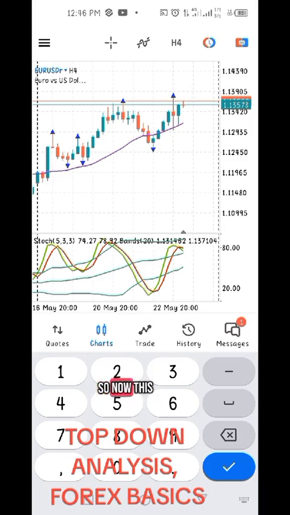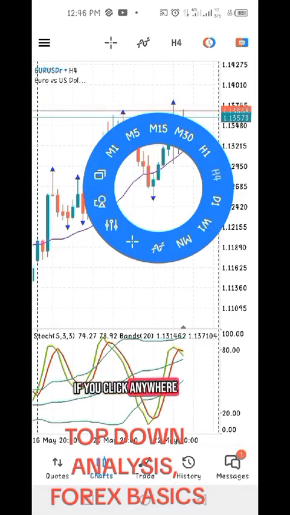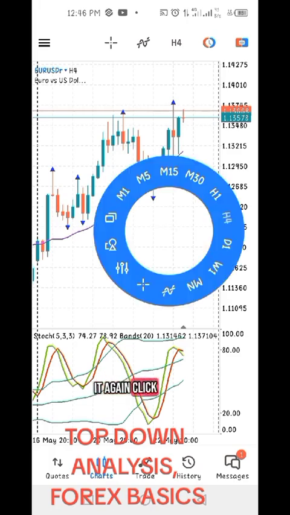So now, this is how you are going to be doing your analysis. You go to 4 hours time frame. Look at this. This is 4 hours time frame. Now, if you want to change your time frame, you can just click anywhere on your MT5. You see, this is 1 minute time frame, 5 minute, 15 minutes, 30 minutes, 1 hour, 4 hour, 1 day or daily time frame, weekly time frame, monthly time frame.